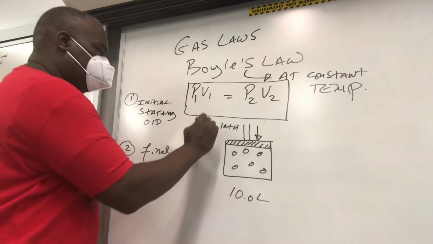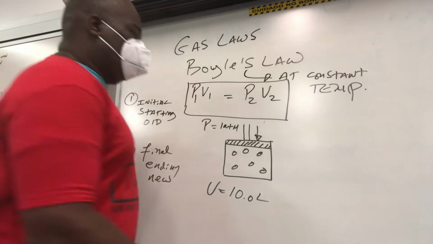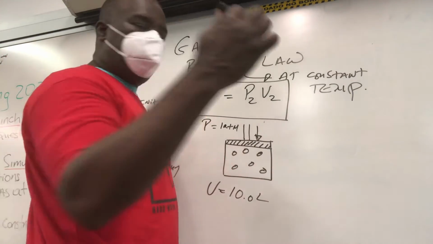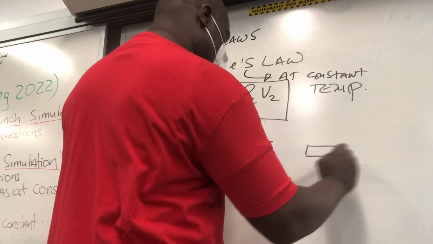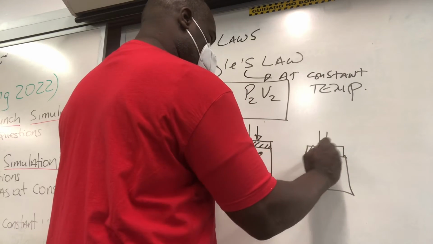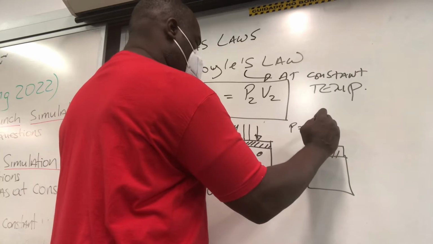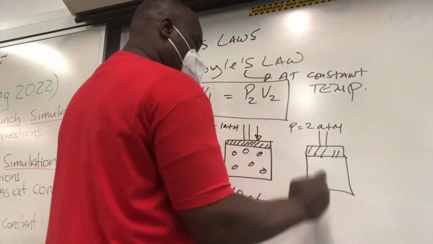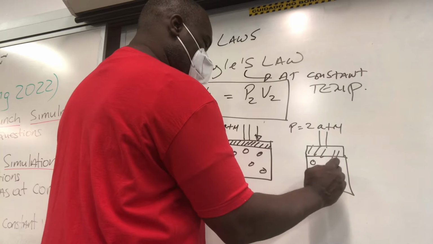So that's our P, and that's our V. Now, let's say we apply a new pressure, this time 2 atmospheres. We still have our 6 particles inside.